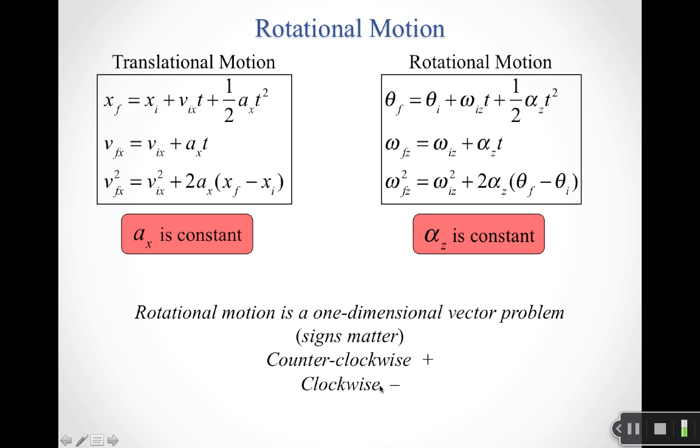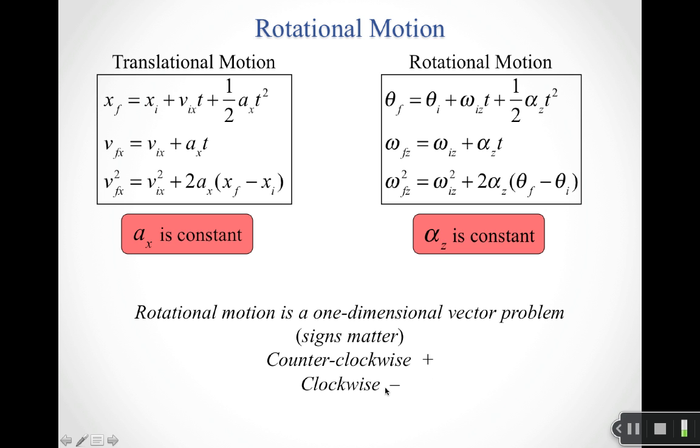So it's a one-dimensional vector problem, which means that the signs matter. The convention we're going to almost always use is that counterclockwise rotations will get a positive sign, clockwise rotations will get a negative. Now again, this is just a common convention. If you choose to go the other way, that's fine. Choice of coordinate system is really up to you. This is simply the most common coordinate system that we'll use.